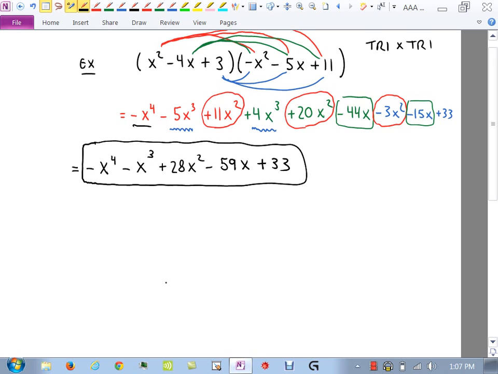What I tried to do is after I did all the multiplications, I tried to show what the like terms were by putting appropriate symbols next to them, like a little squiggly underneath this and squiggly under that meant they were like terms. I circled all the x squareds. I boxed the x's just so I could kind of distinguish them from one another.